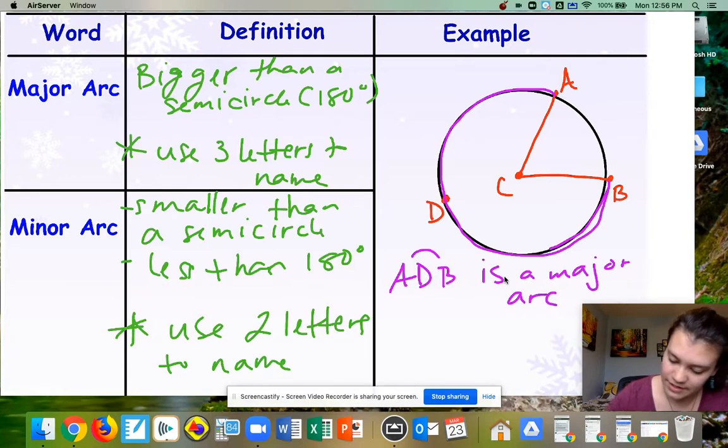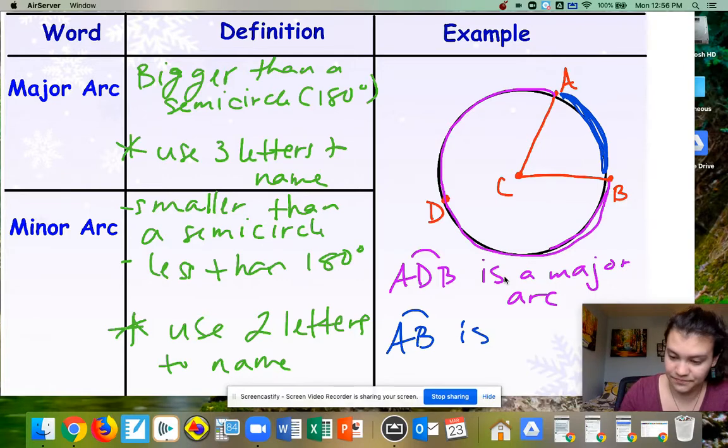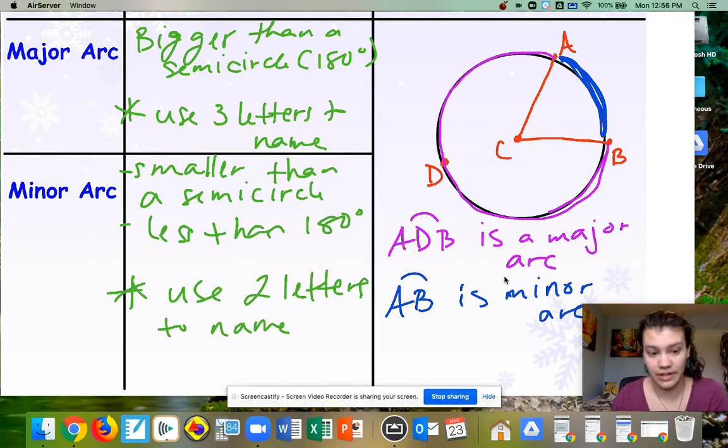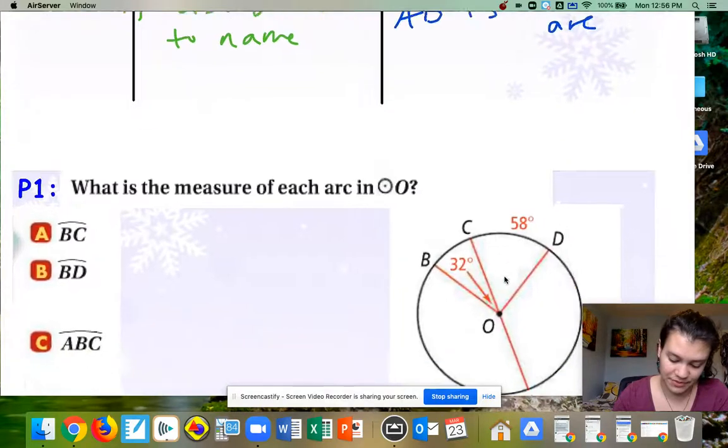So if we want to name this AB right here, again, it's smaller than 180, so it's going to be a minor arc. We can name this AB, or you could say BA is a minor arc. All right, those are the only definitions we have, and so we'll go on to 2 examples.